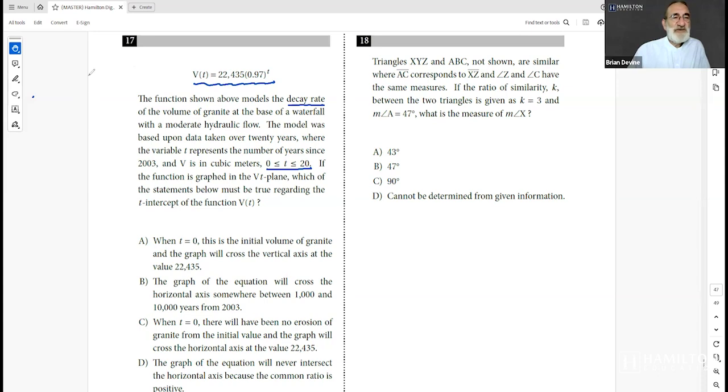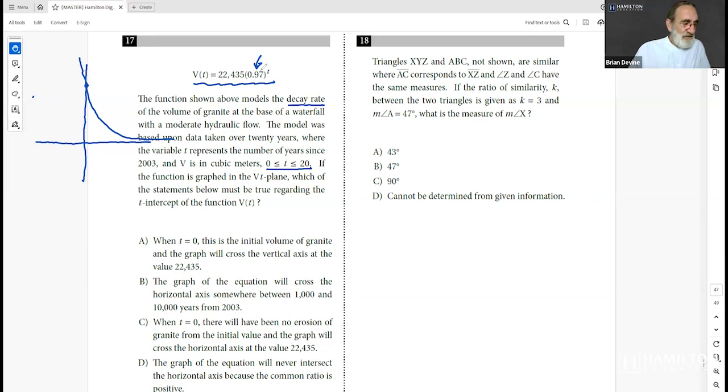Well, we had a question like this earlier on where we had an exponential function that was increasing. Well, think of one that's decreasing. In effect, we're going to be at that 22,000, and then it's going to eventually flatten out towards 0, but it's still going to be positive because this is positive.